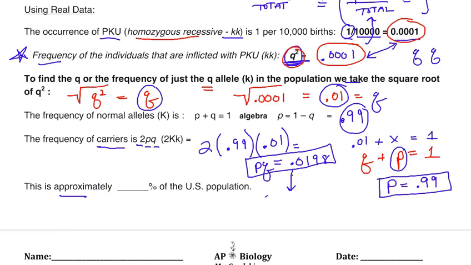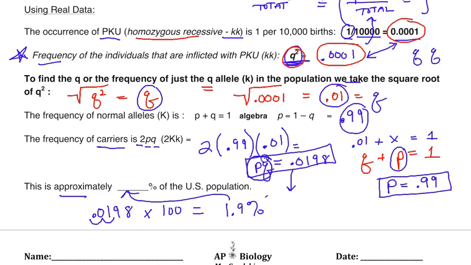Well, 0.0198 is a frequency. Remember, we multiply our frequencies by 100 to get our percentages, and we move the decimal over 1, 2, and it becomes approximately 1.98% of the population.